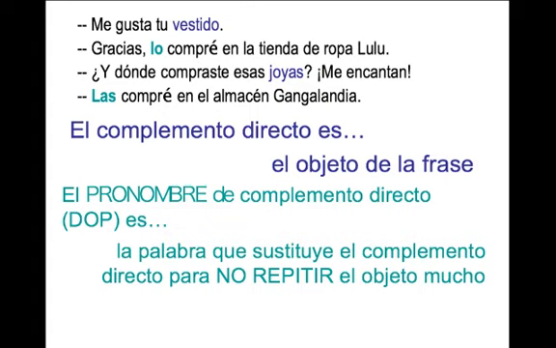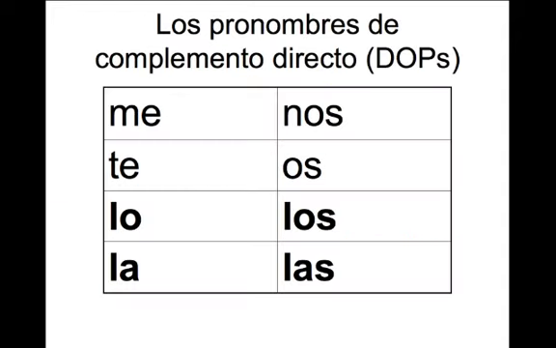And "where'd you buy your jewelry? I love it. I bought the jewelry in da-da-da-da-da." So you don't necessarily want to repeat these objects over and over. You know what you're talking about. So the lo and the las in this context are used to replace vestido, and las is used to replace joyas.